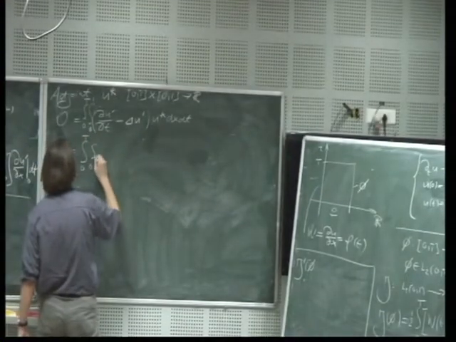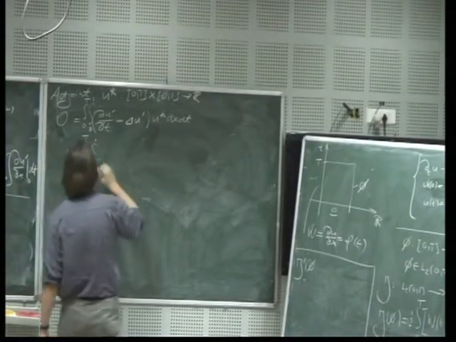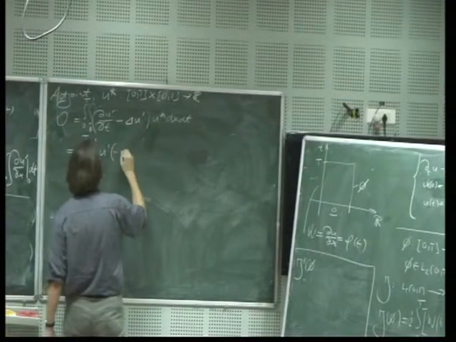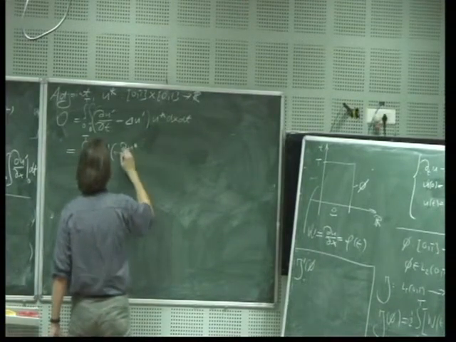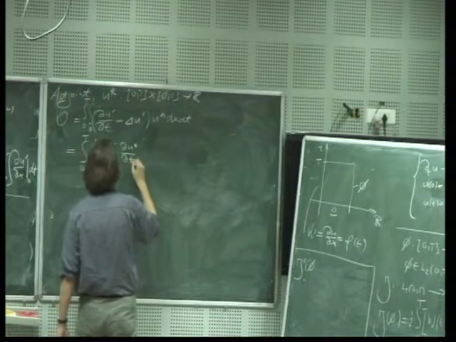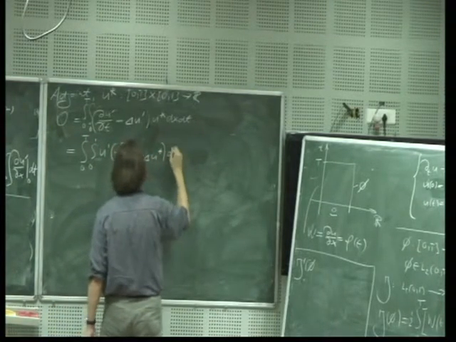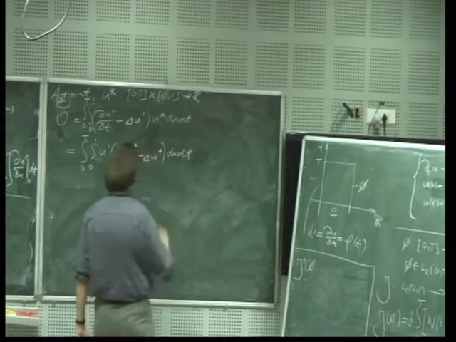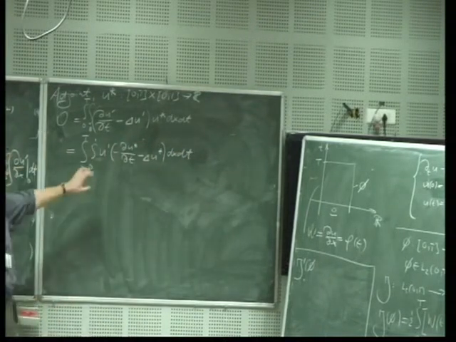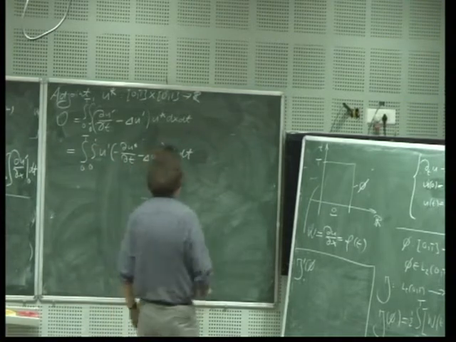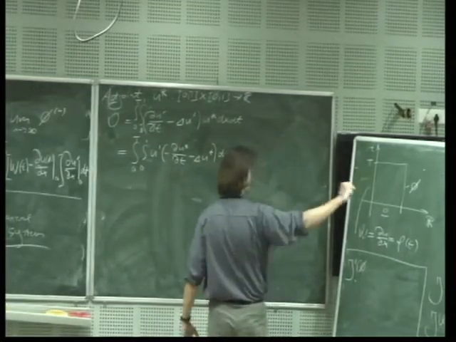We have the integral from 0 to T, integral from 0 to 1, u prime times minus partial u star partial t minus Laplacian u star, dx dt. These are the terms defined on the interior of the time-space domain.